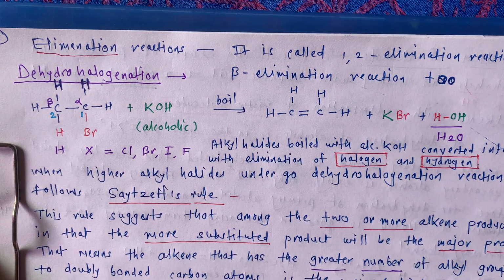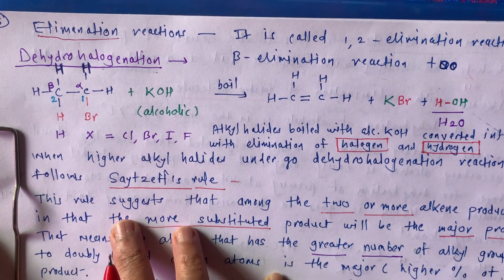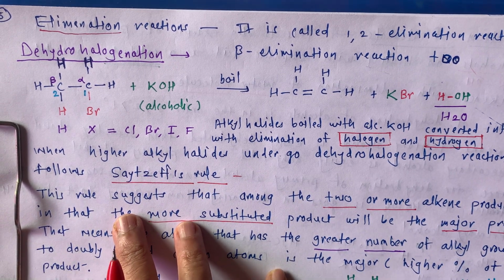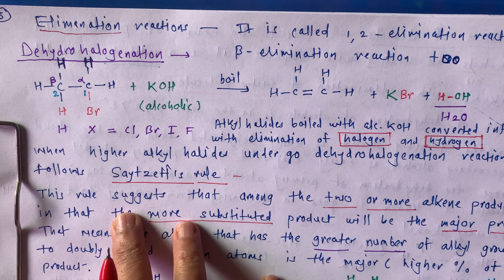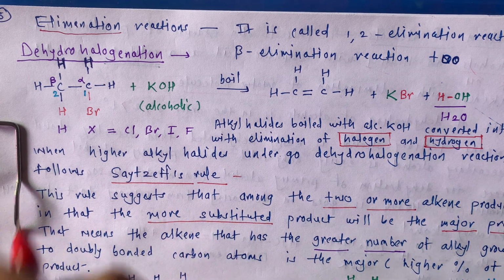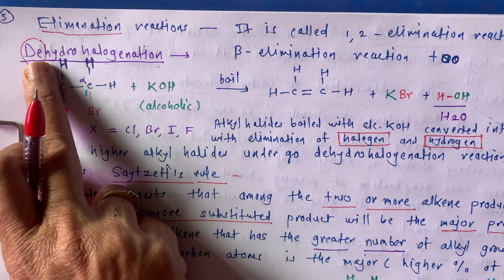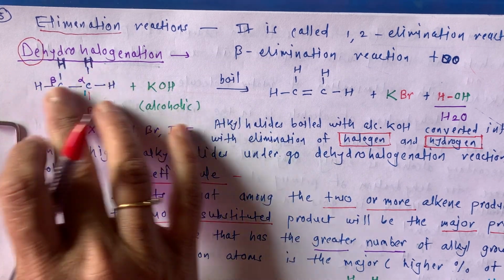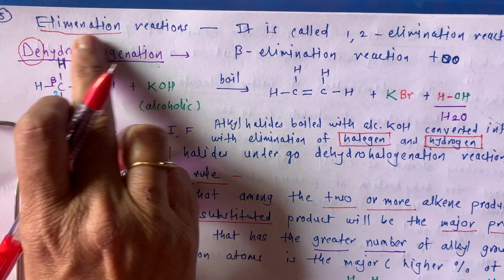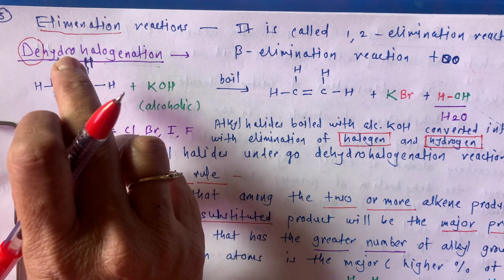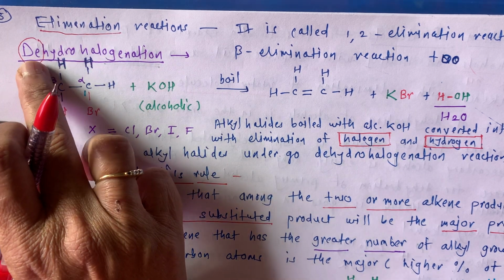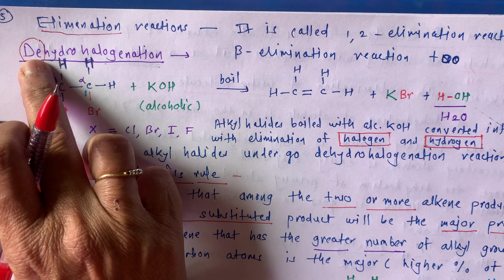In this chapter there is dehydrohalogenation, then dehydration, then dehalogenation. The D word is for removal of something. We are going to minus something from that, that is, we are going to eliminate something from the reactant. That's why we use the word D.